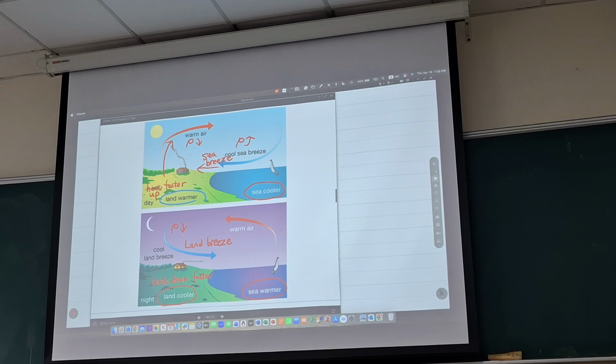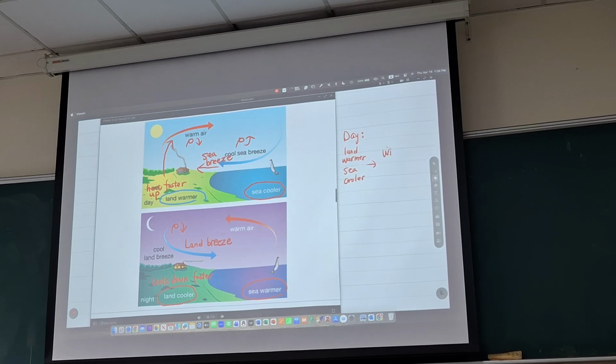Okay, so let me summarize here. During the daytime, the land is warmer and the sea is cooler.